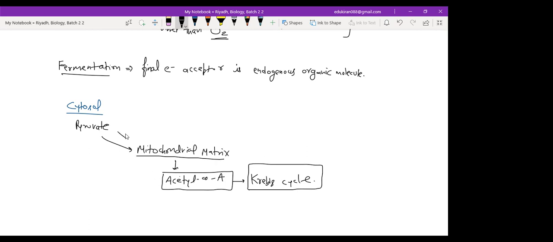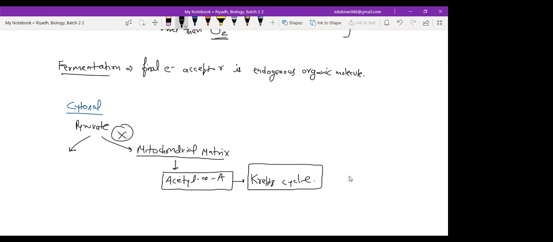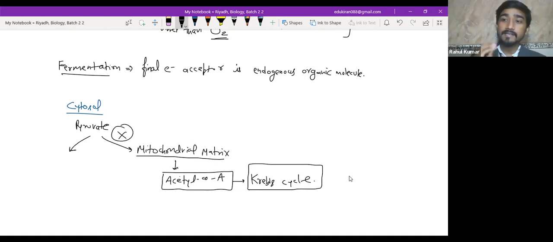Now, if this is not possible, and suppose there is less oxygen, because in the Krebs cycle we are generating lots and lots of NADH and FADH2, which require oxidative phosphorylation to produce energy. Is it clear? So if a cell is committing to the Krebs cycle, it has to ensure the supply of oxygen, correct or not?